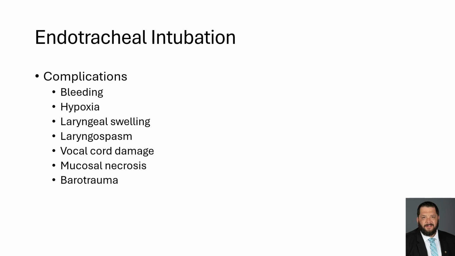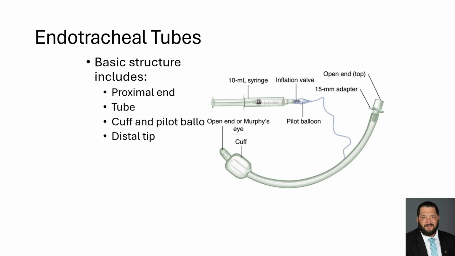This is a very large risk, particularly if the endotracheal tube is passed into the esophagus instead of the trachea, in which case you're now ventilating the stomach, which is not an adequate route of ventilation. You ultimately can suffocate the patient by doing this. Laryngeal swelling, laryngospasms, you can damage the vocal cords. You can damage the mucosal membranes, and you can create significant barotrauma if you overinflate the chest.